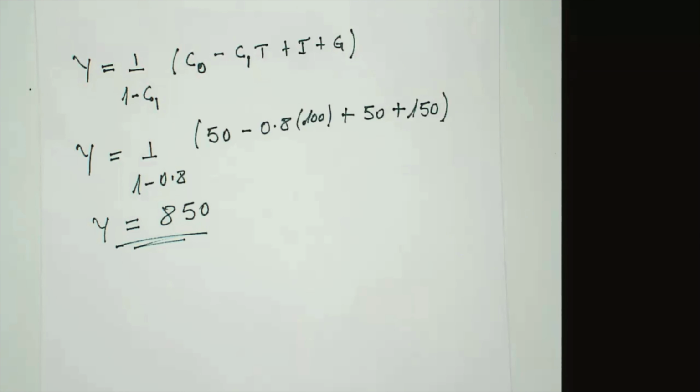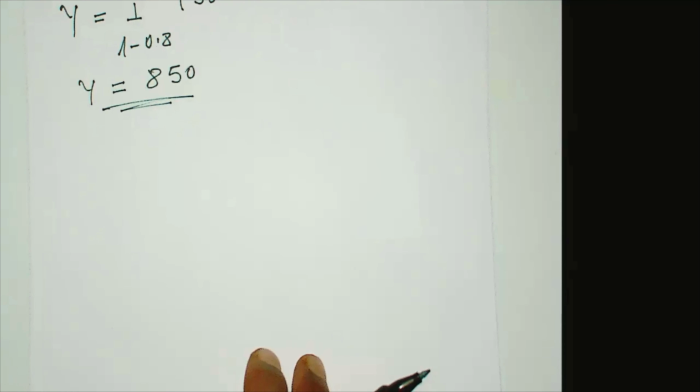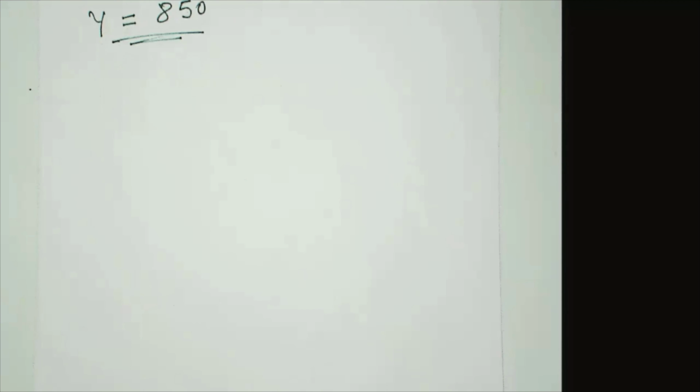So the second part of scenario B is to calculate the level of private savings. What is financed by private savings? You have to interpret your results by saying, okay, the private saving amount is this much, and the private saving is financing this much of the investment and this much of the government expenditure.